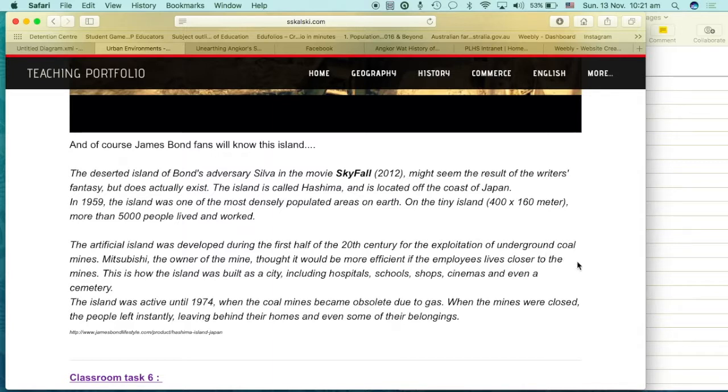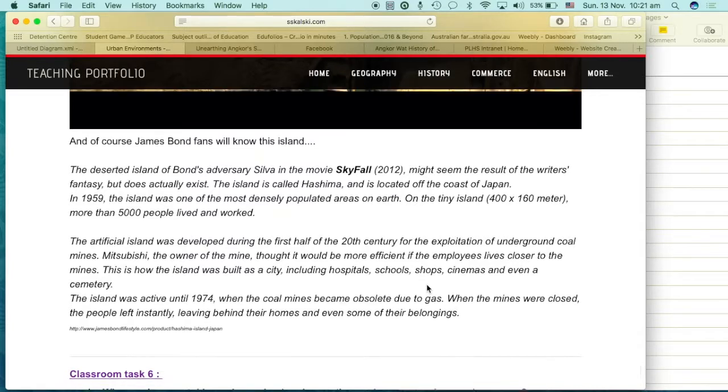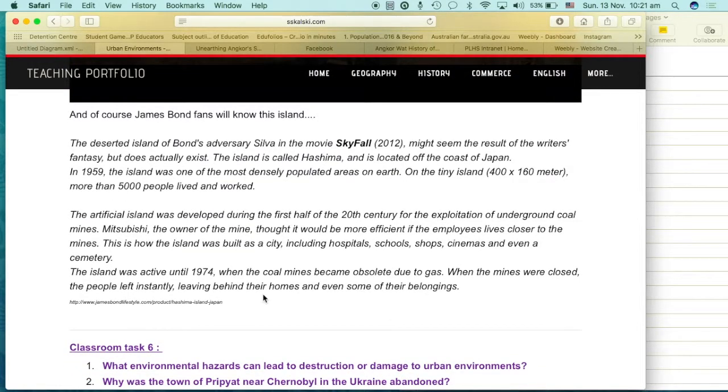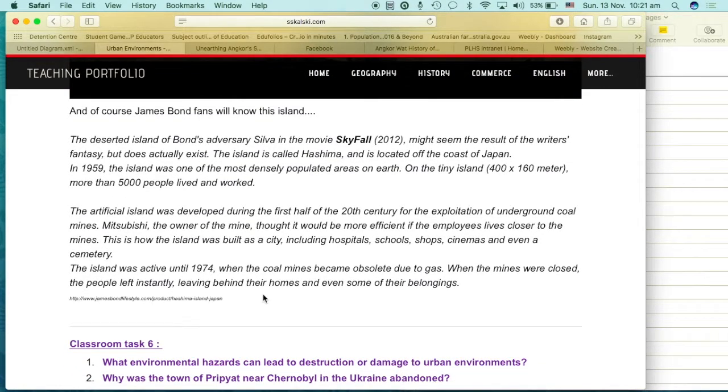Mitsubishi, the owner of the mine, thought it would be more efficient if the employees lived closer to the mines. This is how the island was built as a city, including hospitals, schools, shops, cinemas, and even a cemetery. The island was active until 1974, when the coal mines became obsolete due to gas. When the mines were closed, the people left instantly, leaving behind their homes and even some of their belongings.